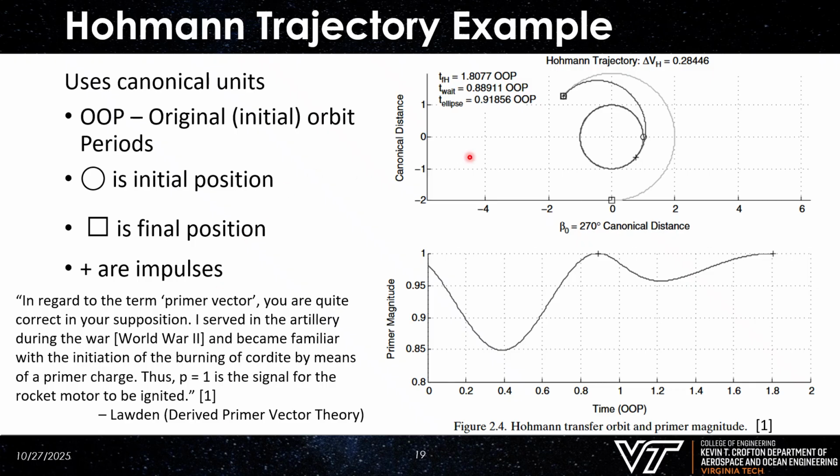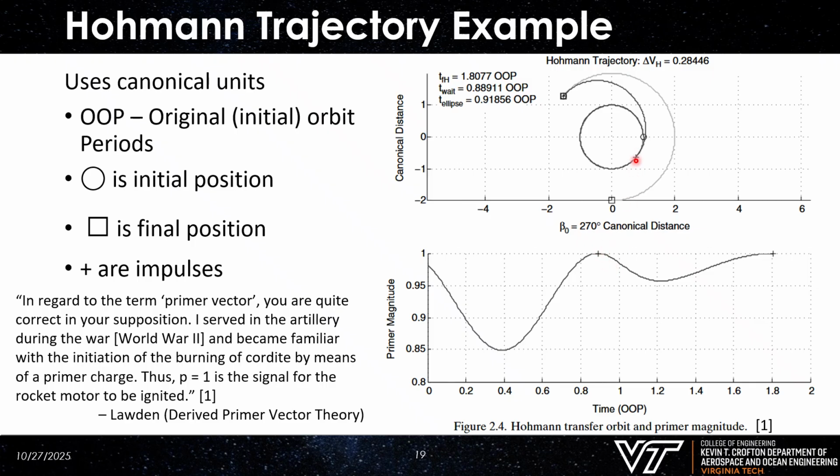So if you take a look at this trajectory, you see that it's going in its initial orbit, and as it goes on this initial orbit, you can see the primer vector going from close to 1 and slowly decreasing and increasing again. And this plus right here, or also right here, is when the primer vector reaches 1.